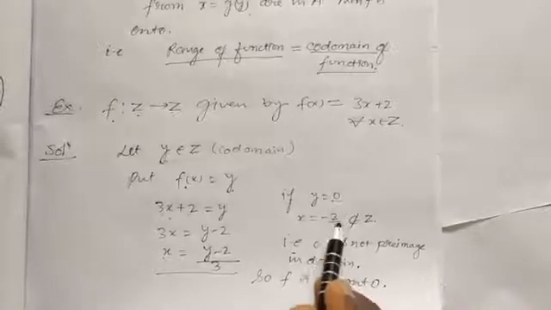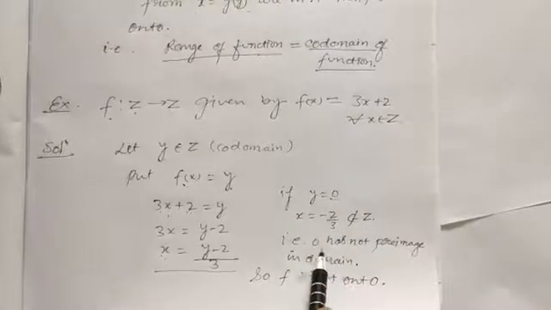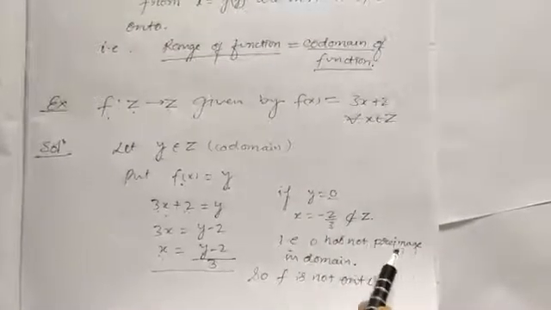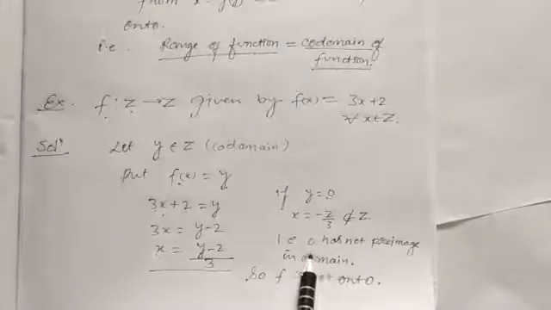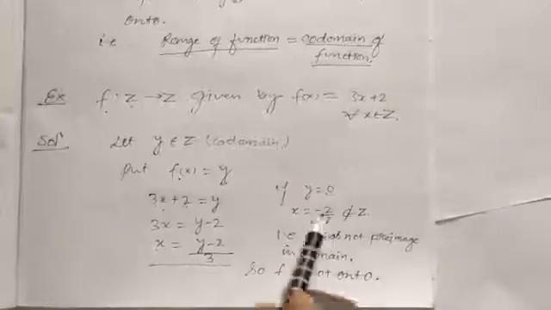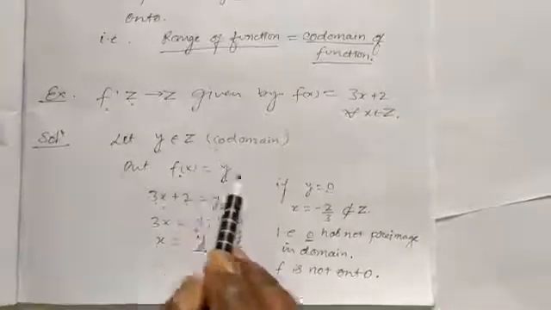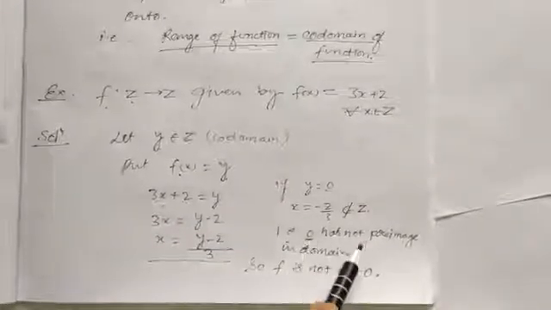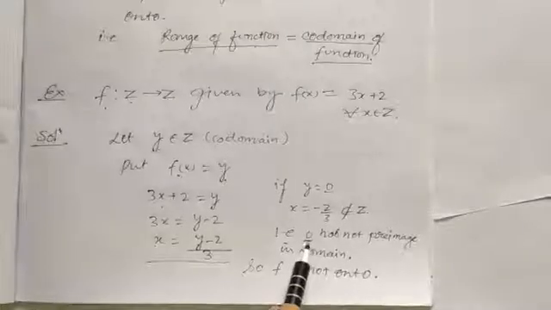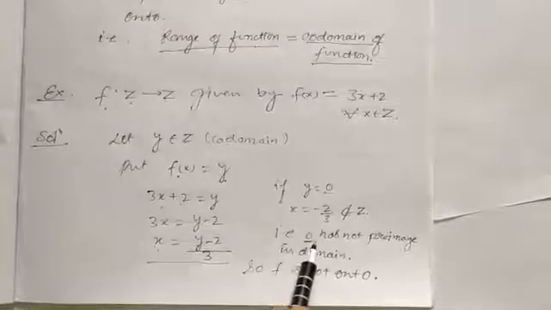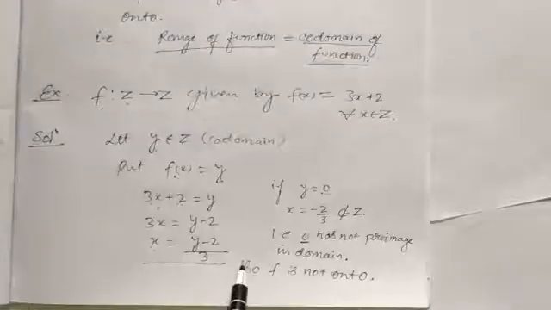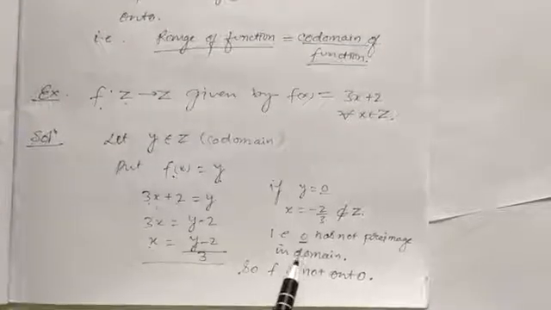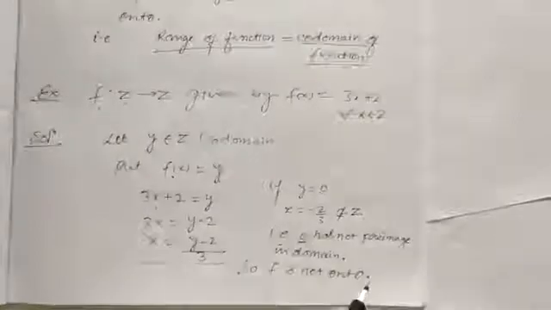This is a rational number. That is, 0 has no pre-image in the domain. It means 0 belongs to the codomain and this element has no pre-image in the domain, so one or more elements remain unassociated with elements of set A. So f is not an onto function.